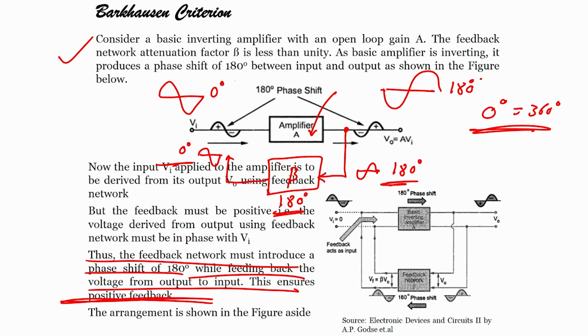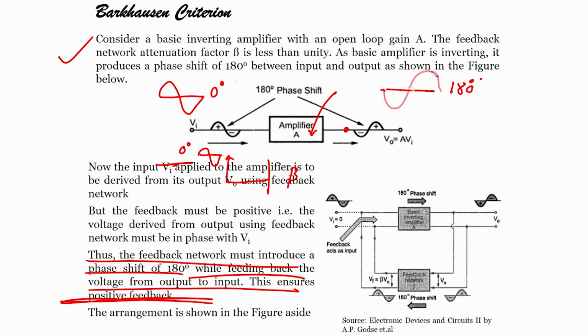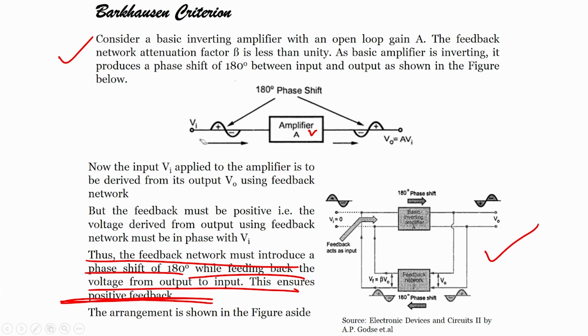And this arrangement, whatever we are drawing here, is already shown in the figure here, correct. So, if we see input signal 0 degree, 180 degree phase shift because inverting amplifier, so 180 degree. Part of output is fed back to the input, this is 180 degree phase because it is the same voltage which is Vo, right, a part of the voltage.